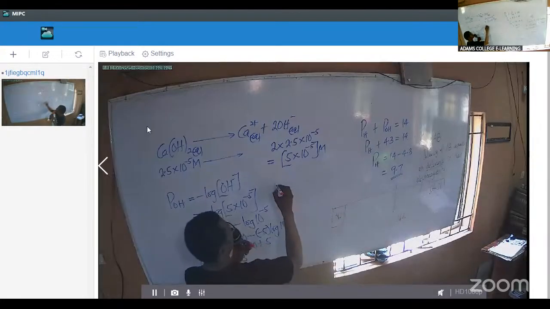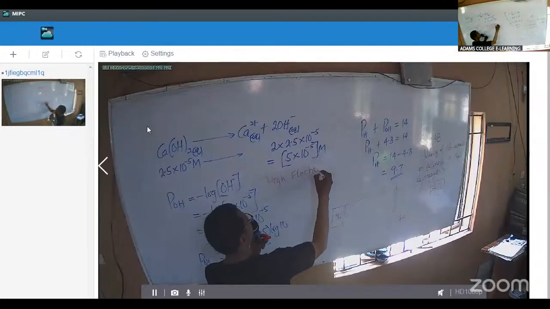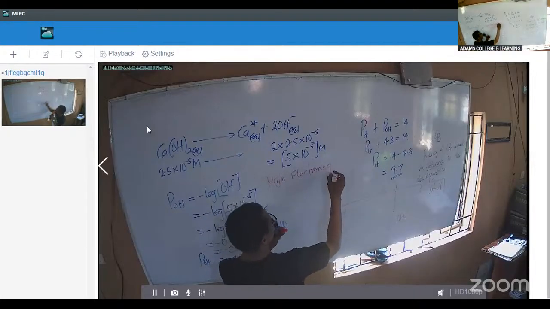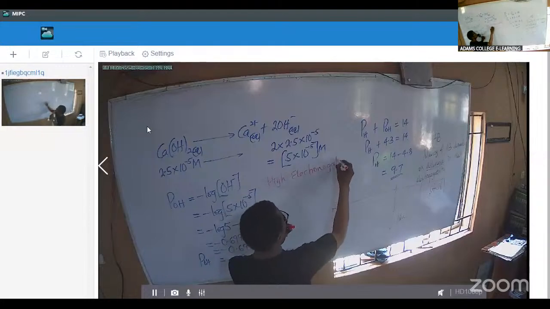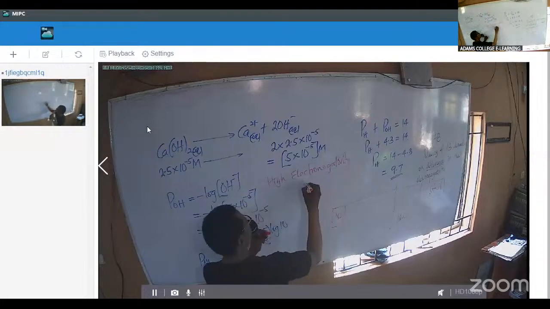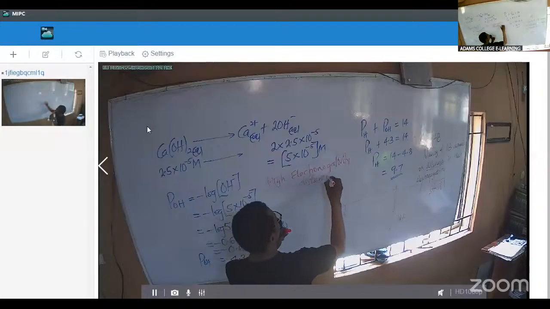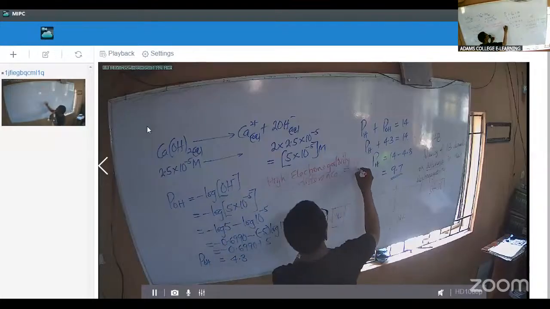High electronegativity difference equals high polarity. That's it.